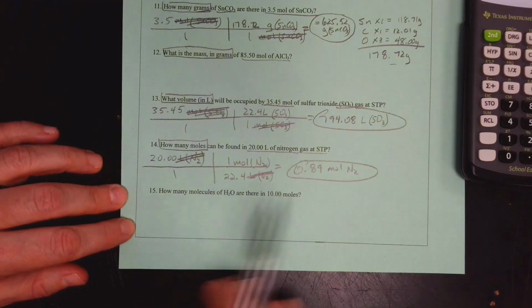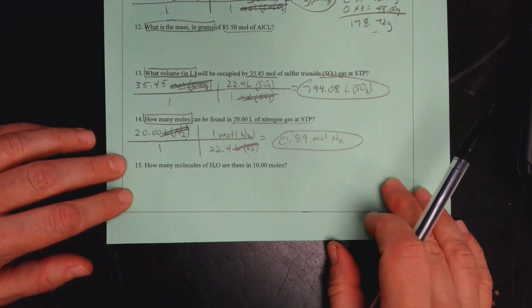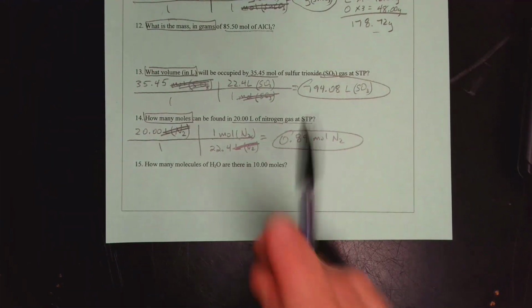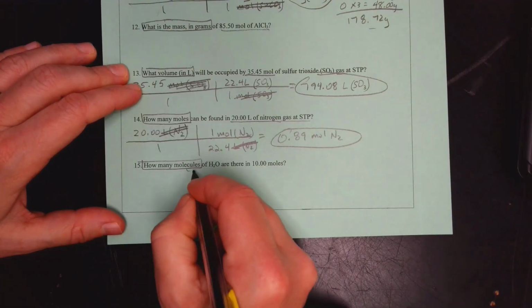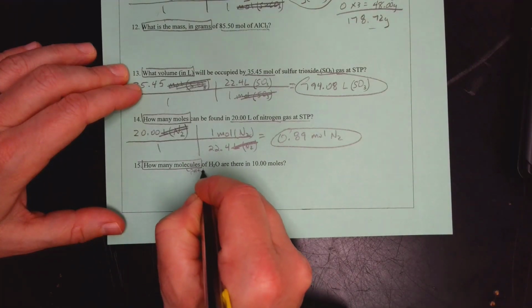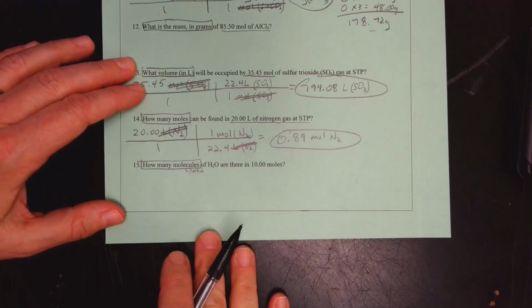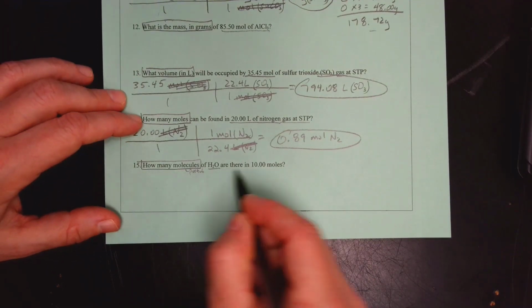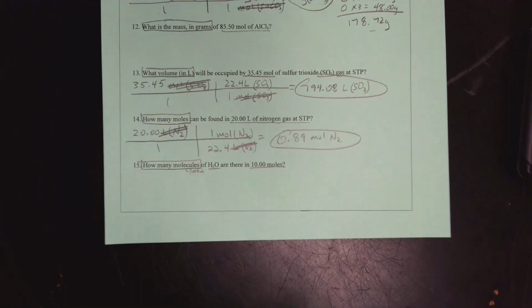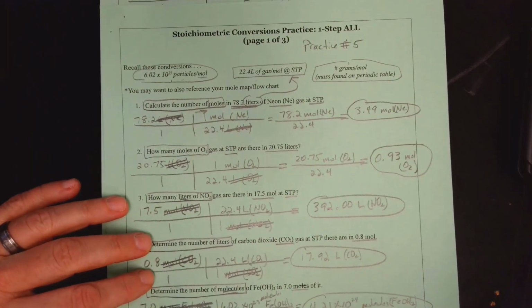All right, 15, we're changing gears yet again. We're going to go back to that front page, and remember that anytime we're dealing with molecules, a molecule is another way of saying a particle. In this case, the type of particle is a molecule. What we want to know is how many molecules of H2O are there in 10 moles, which means we have to go back to our first page and take a look at which constant we're going to use.